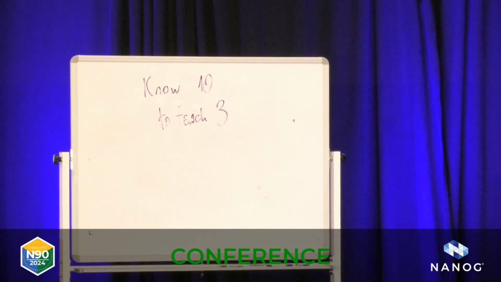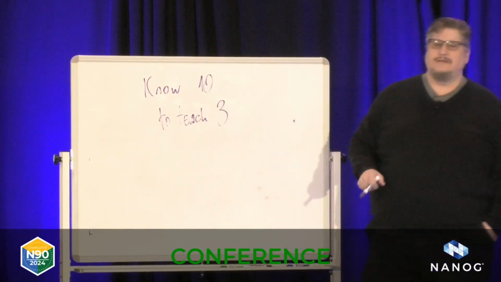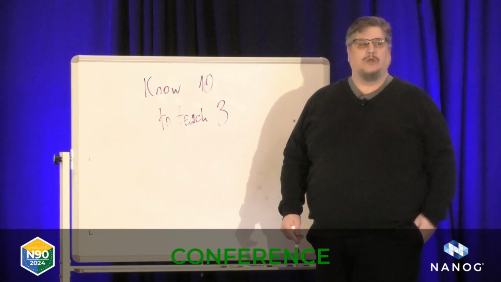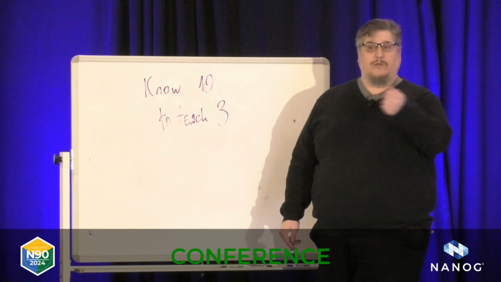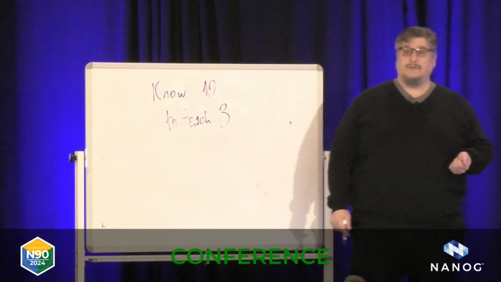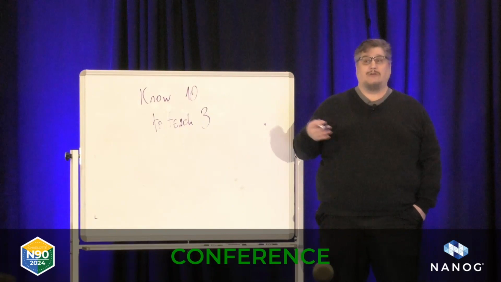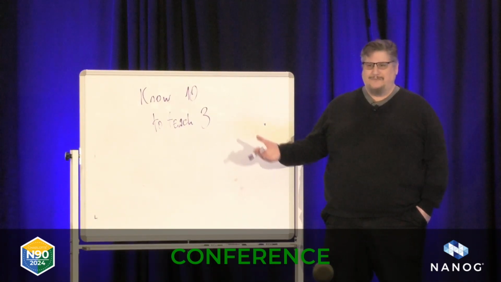But this also means know 10 ways to describe a thing to teach 3 ways of describing a thing. Everybody works differently. The metaphor that works for one person isn't going to work for somebody else. So think really hard about how you're going to describe, you know, the TCP three-way handshake, as an example.